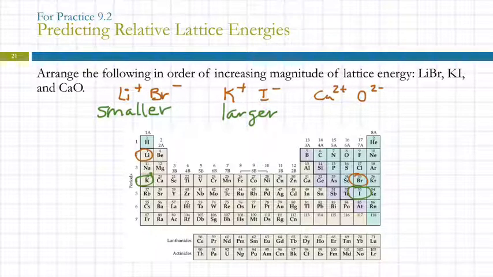So that's the smaller size. I'll put this over here. Calcium oxide has the largest lattice energy because of its charges. Then we're comparing these two and seeing that this has larger ions, so they're farther apart. They can't get as attracted to each other.